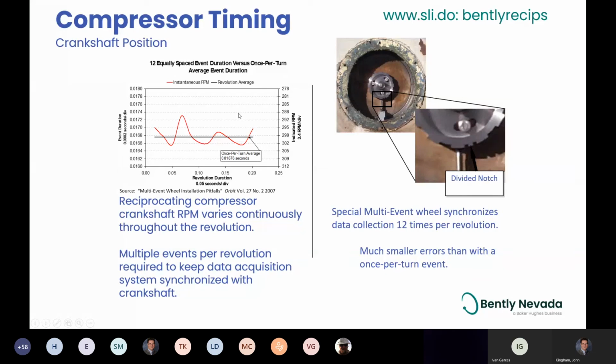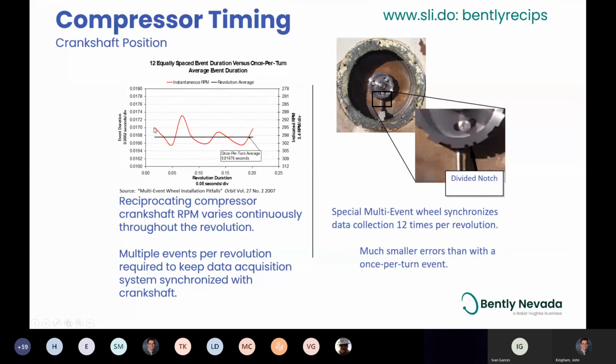But the reason we do that, and the reason we require a multi-event wheel, is that this is the speed of a crankshaft in one revolution. So, it may register as 298, but at some points it's as low as 290 and as high as 302.